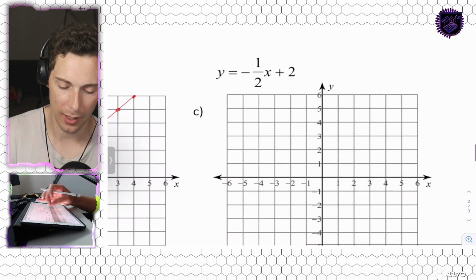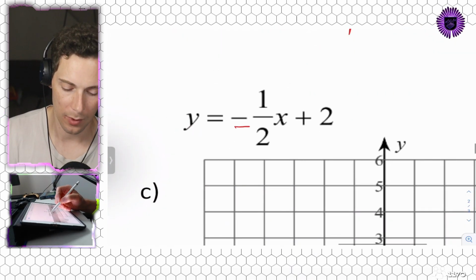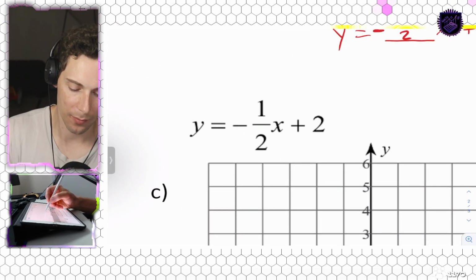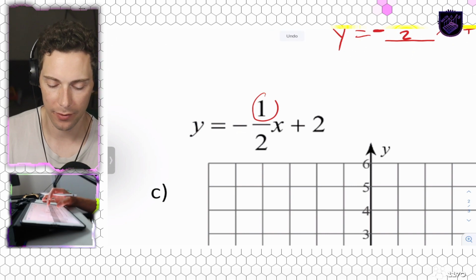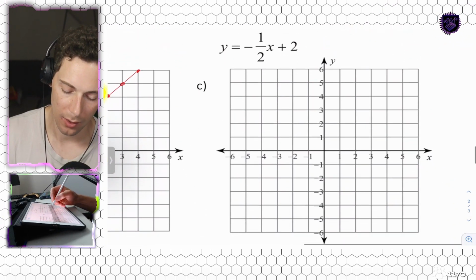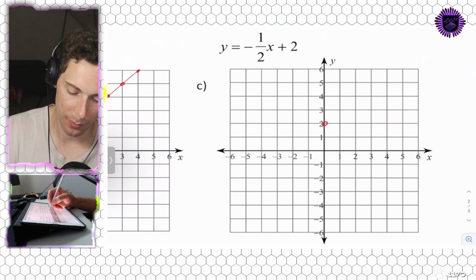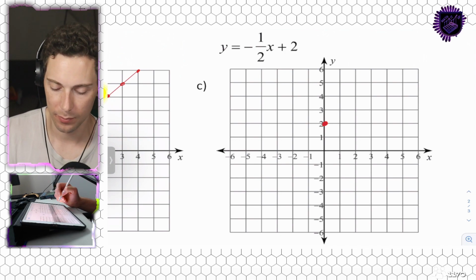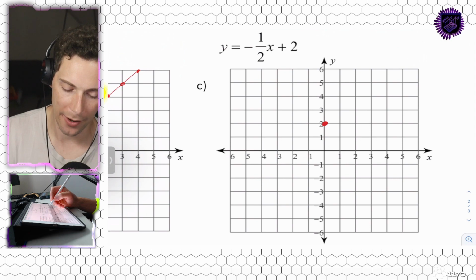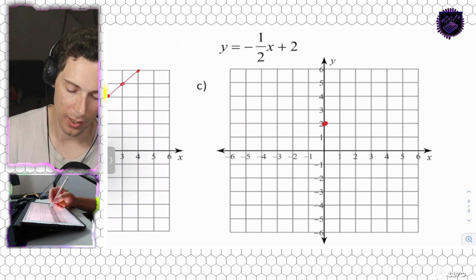Now this one has a negative slope, so it's going to be moving down, and it's going to have a slope of negative 1/2 plus 2. So plus 2 is going to be our y-intercept, and then we're going to put a negative 1/2.